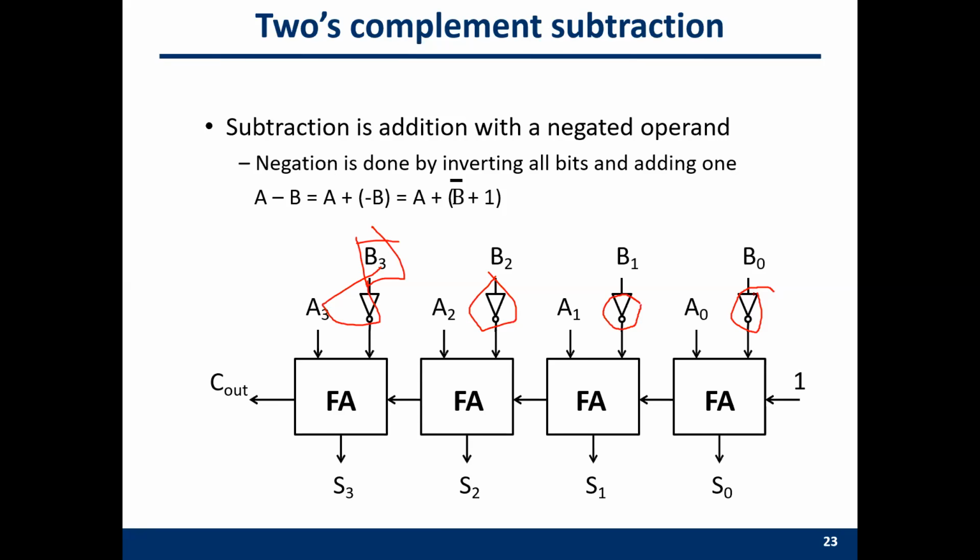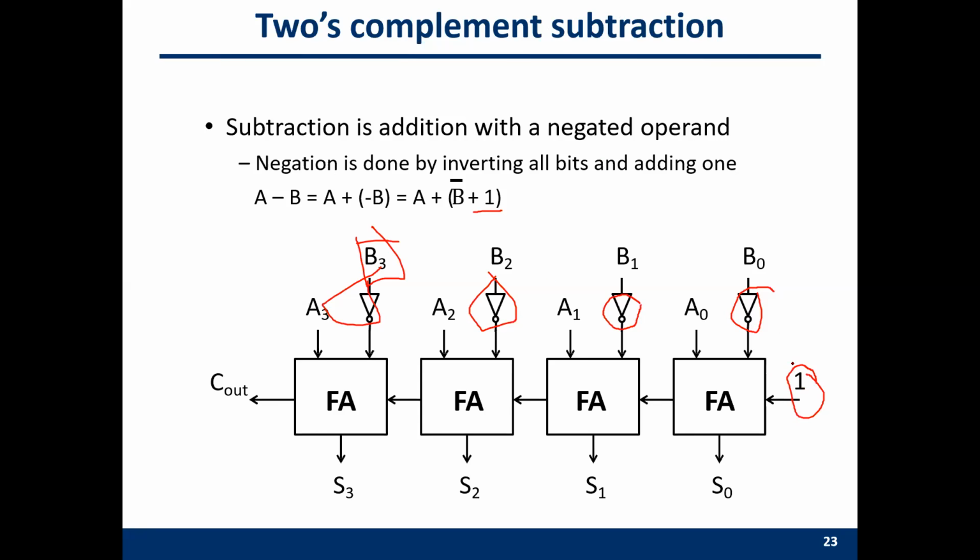When we try to convert a number to its two's complement, we need to flip all the bits first and then do an addition. So we can use this carry in. This is the add 1, okay? Eventually, we can reuse this least significant bit carry in. We always set this value to 1 if we want to perform a subtraction.